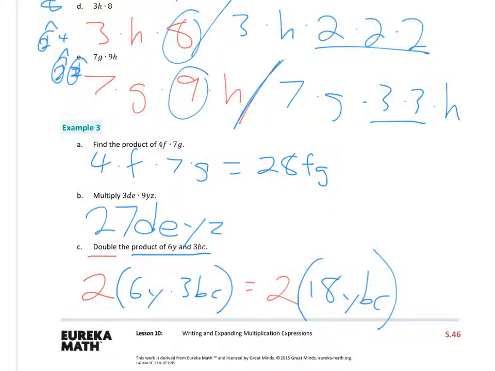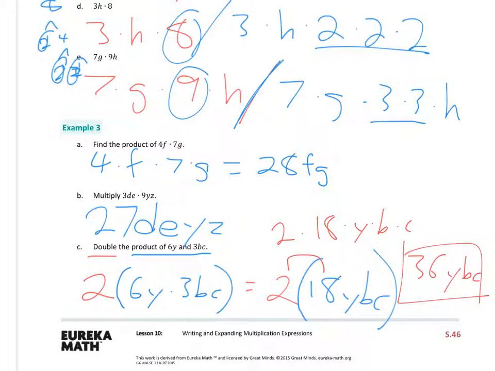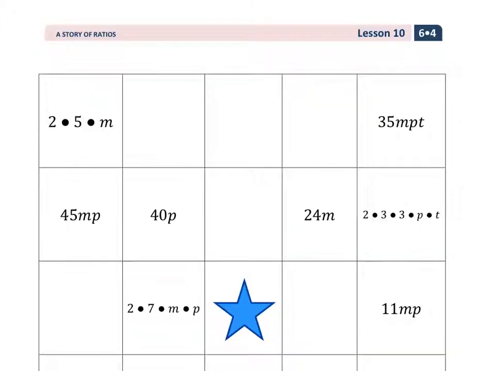Same as before, you can multiply the 2 and the 18, but the letters you can't do anything with. This is the same as 2 times 18 times y times b times c, right? So it's going to be 36ybc. Cool.